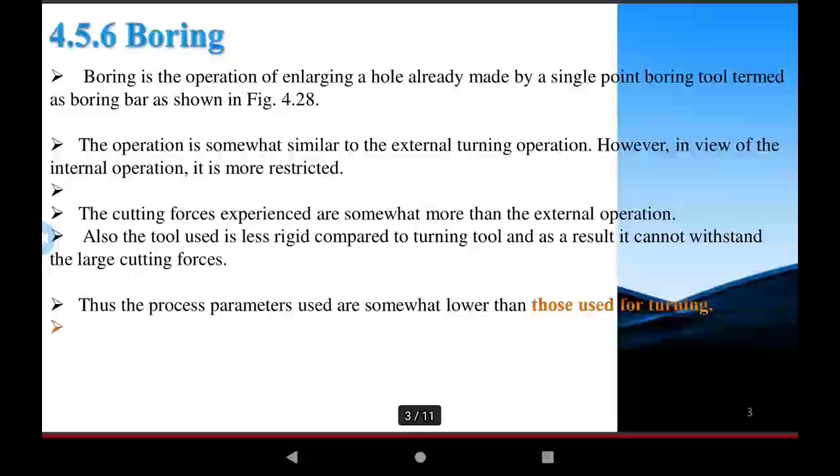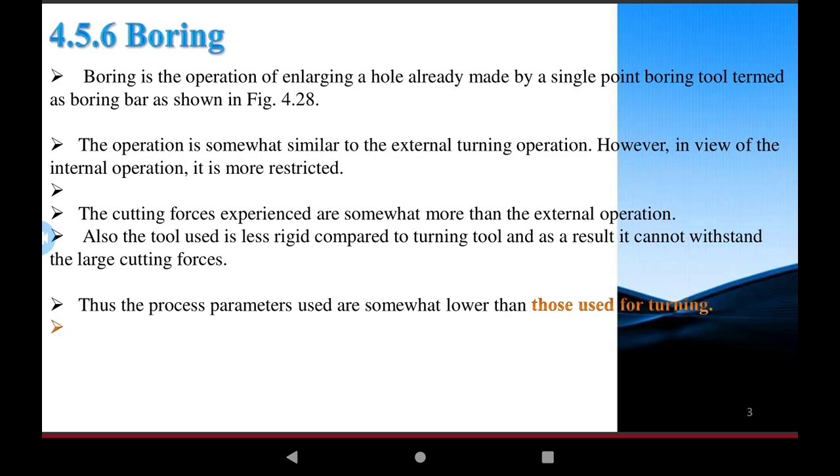Boring operation. Boring is the operation of enlarging holes already made, using a single point boring tool on a boring bar.